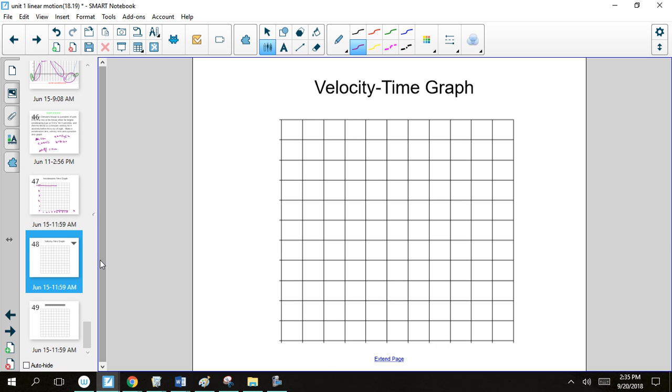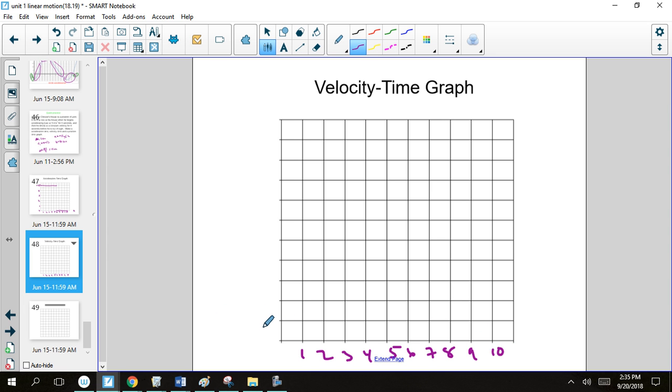All right, velocity time graph. So what we're going to have here is how our velocity changes over time. So same time goes over here. 1, 2, 3, 4, 5, 6, 7, 8, 9, 10. Our velocity, however, needs to go up.